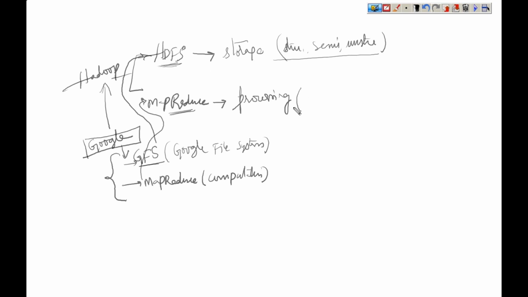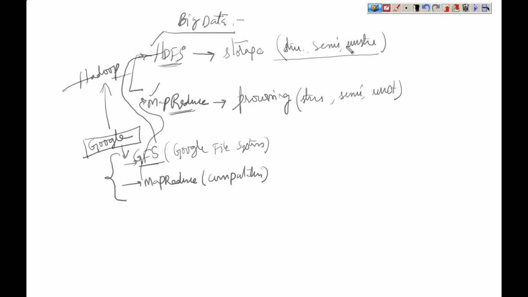Then what about MapReduce? Yes, it can process structured, semi-structured as well as unstructured data. So big data can be stored and processed using the Hadoop framework. This is the conclusion we can make.